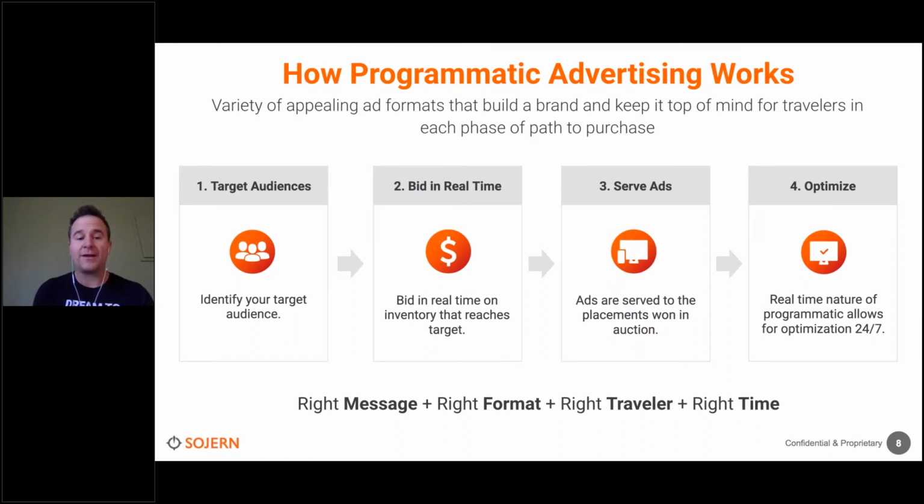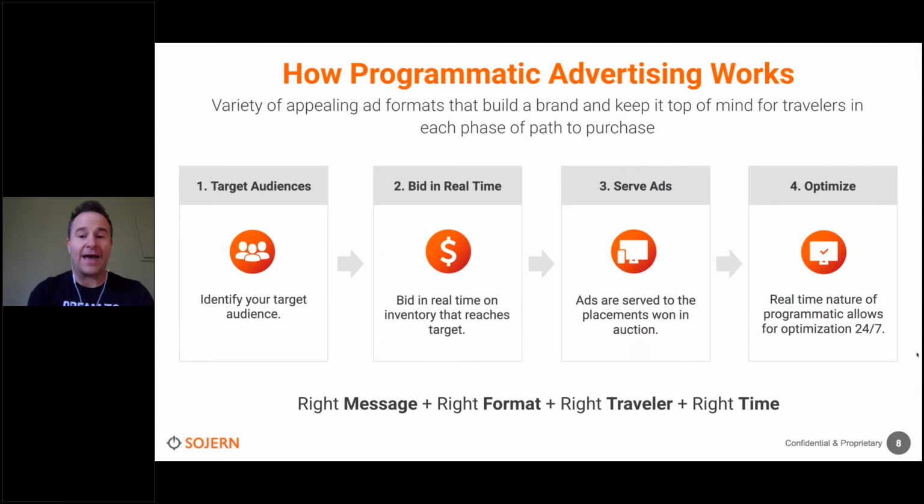So as we see on our slide, you identify the target audience, and you can bid on real-time inventory that matches that target. If we think about it from a very simple perspective, you have a potential customer, they open a website to read a news story. As they're opening that website, the company that runs that website sends a little message out to the marketing community: hey, I've got this user here who's about to read this content.